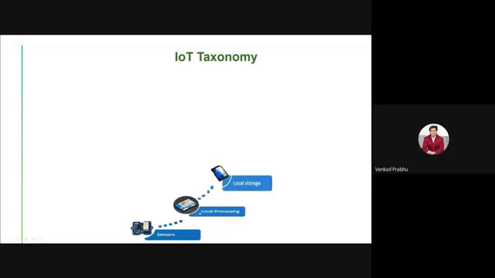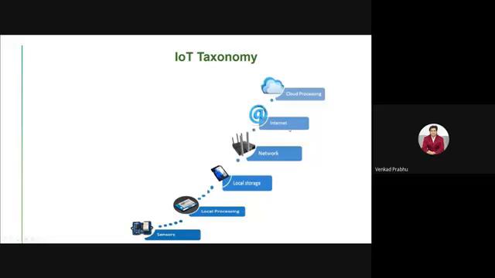So when we get the data, we have to store it locally, which we call local storage within the network. And if you go beyond the network, it will be connected with the outside world, that is the internet. And once the data is pushed into the internet, it goes to the cloud for accessing at any time and anywhere, and we need a cloud storage.